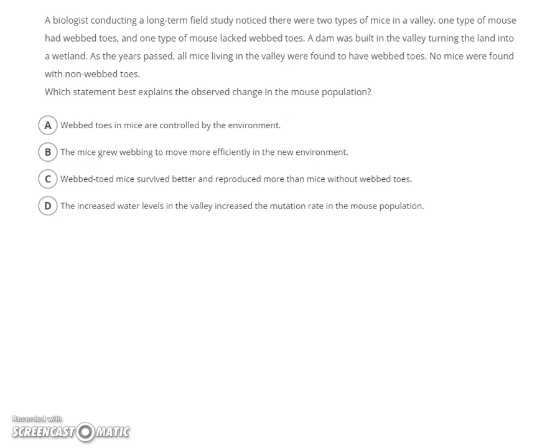So what's the best explanation for this? This sounds like a case of natural selection. Natural selection meaning the best traits are the ones that linger, and the traits that don't do as well are the ones that disappear. In this case, we're looking at answer C. The web-toed mice, they're the ones that survive better, and that means they reproduced and made more mice than the ones without web toes.